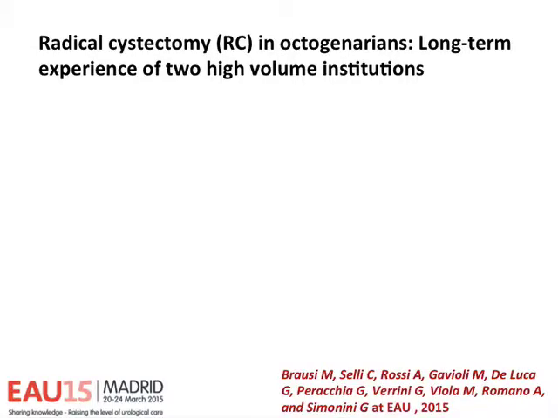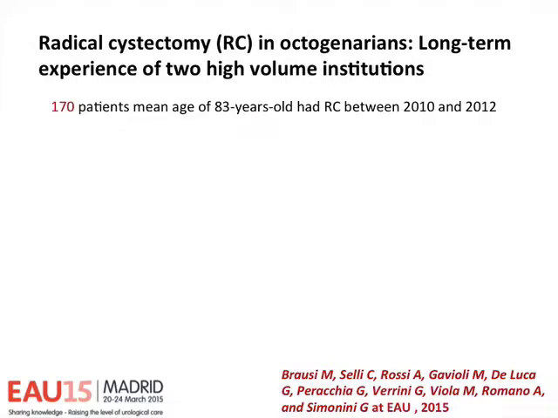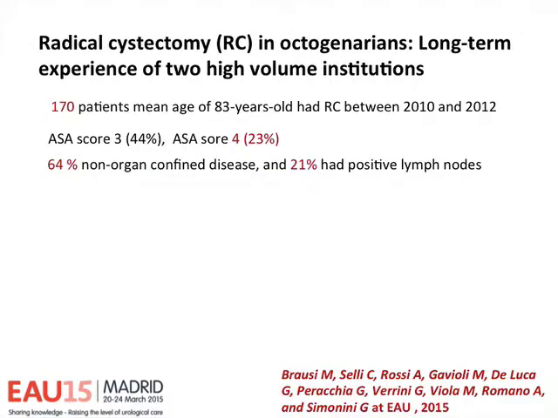Interestingly, recently presented at EAU, Brosi again presented a very nice series, 170 patients, mean age of 83, 44% ASA score 3, 23% ASA score 4, 64% non-confined disease, 21% positive lymph node.